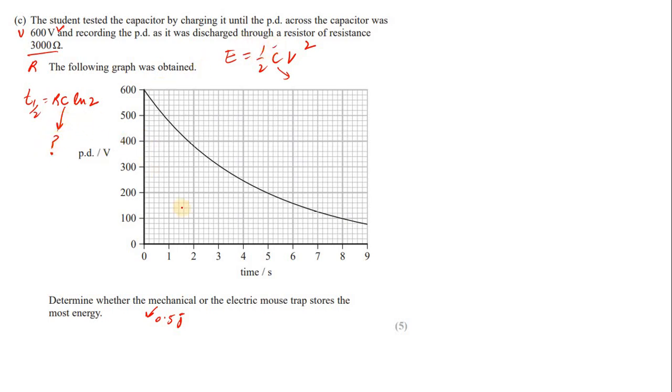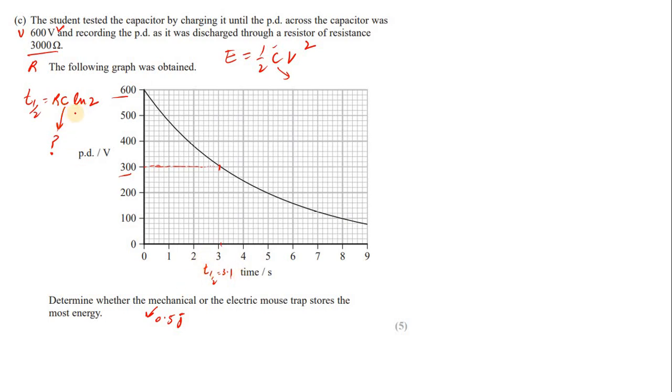So first we find the half-life. Half-life is the time in which the voltage decreases by 50%. So 600, 300. Draw a straight line with the help of a ruler and you will find that point. This point is at 3.1, so T half is 3.1 seconds.